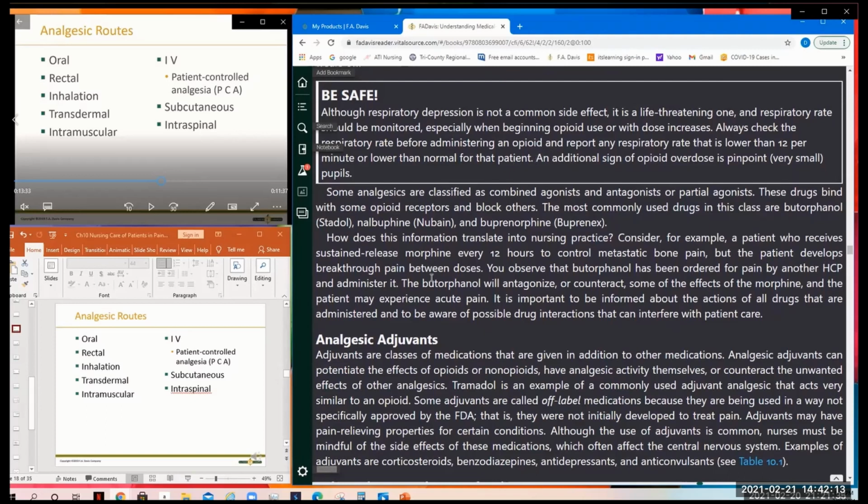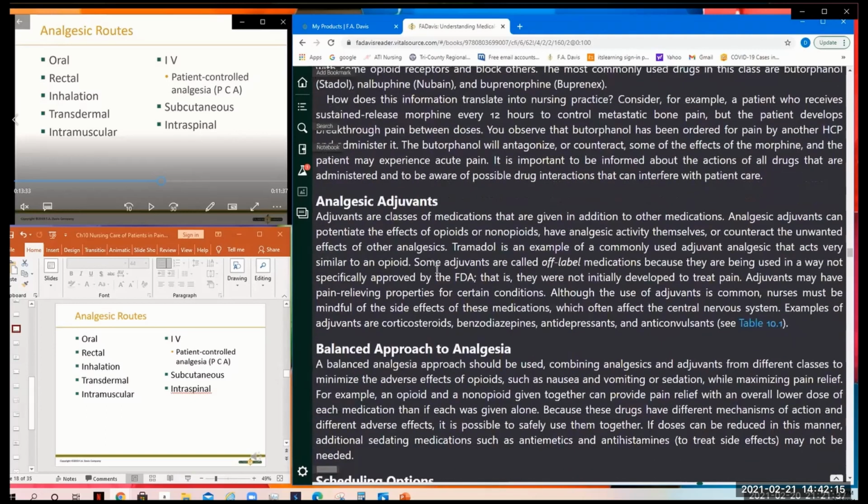Analgesic adjuvants. Adjuvants are classes of medications that are given in addition to other medications. Analgesic adjuvants can potentiate the effects of opioids or non-opioids, have analgesic activity themselves, or counteract the unwanted effects of other analgesics.